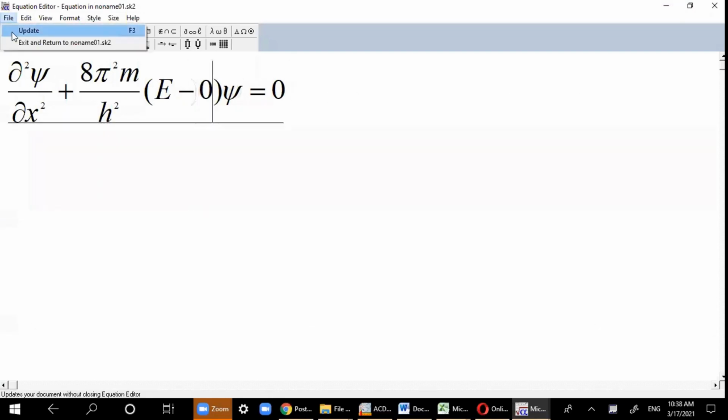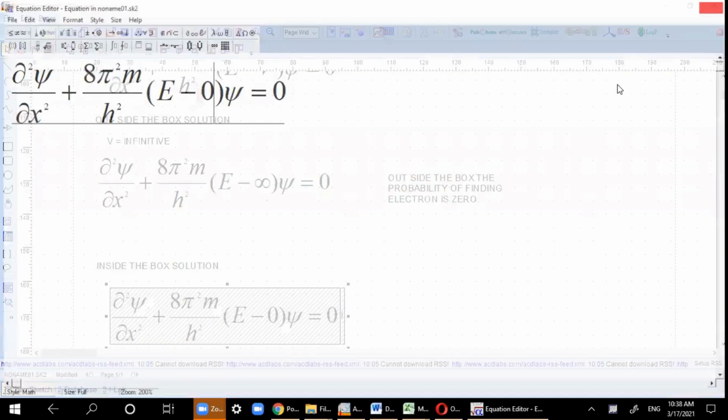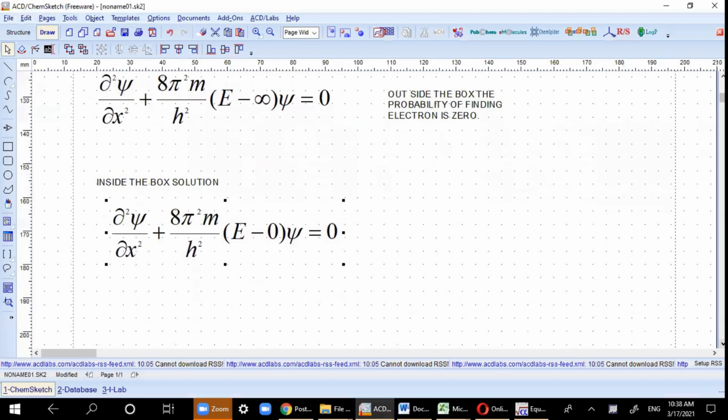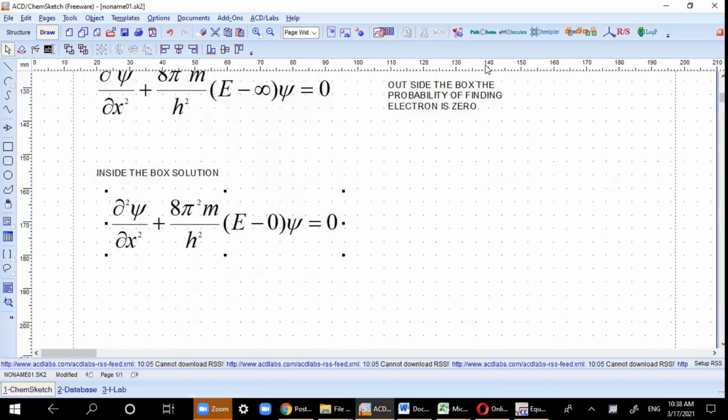Now the conditions as per our assumption: V is equal to 0 inside the box. Now if you keep that, you get the exact term, that is 8 pi square m by h square into E into psi equal to 0.